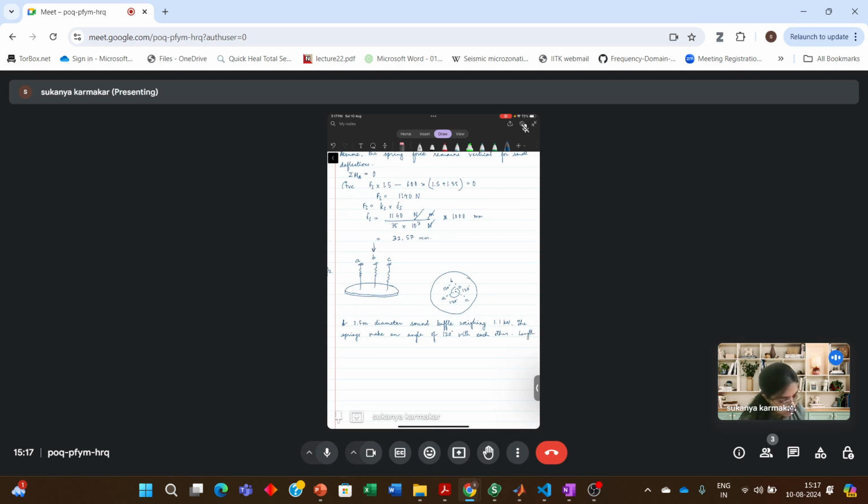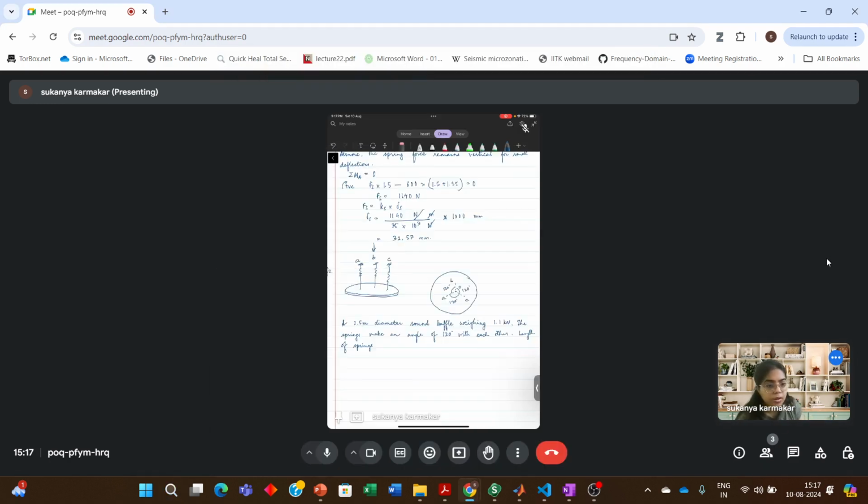Length of springs is equal to 250 mm, and spring constants Ka is equal to Kb is equal to 14 kilonewton per meter, and spring constant Kc is 16 kilonewton per meter.